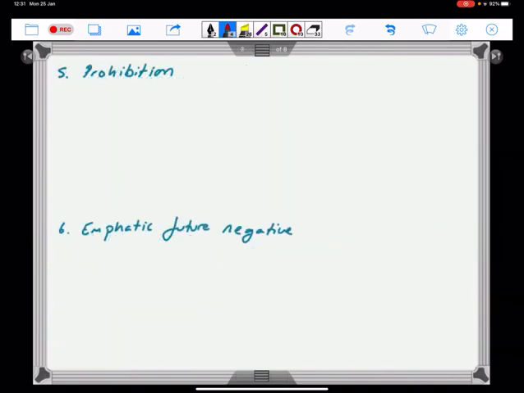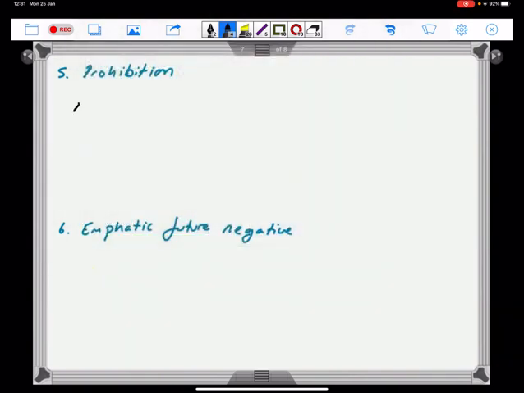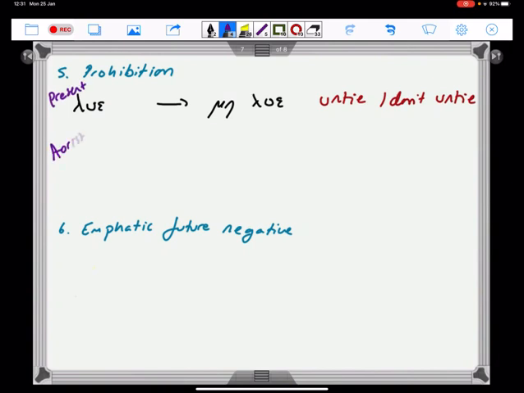Prohibitions. You've seen lue in the present, giving you a negative me lue. Untie, don't untie in the present. In the aorist, things are a bit different.